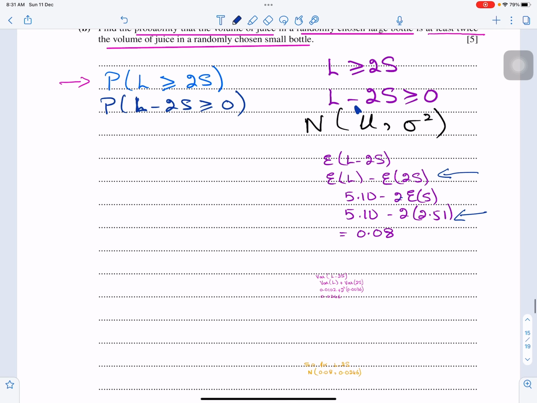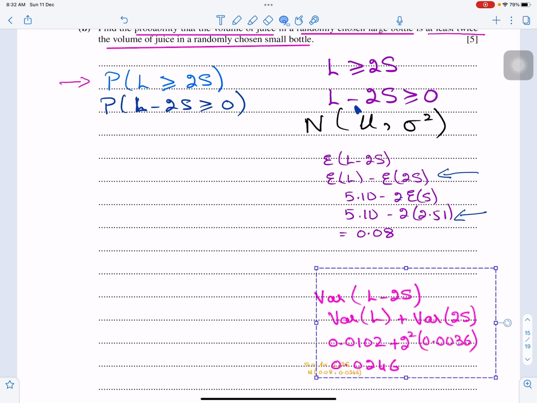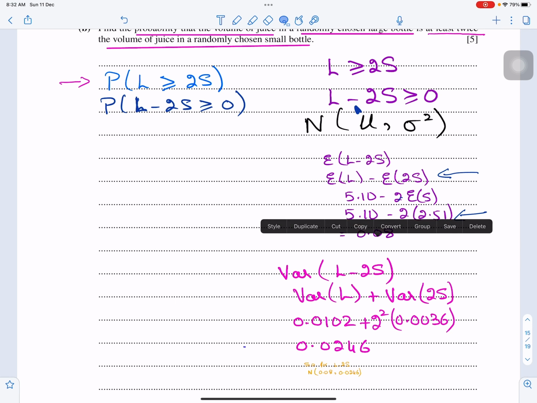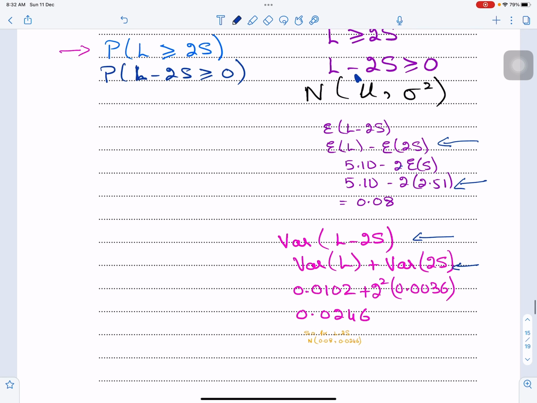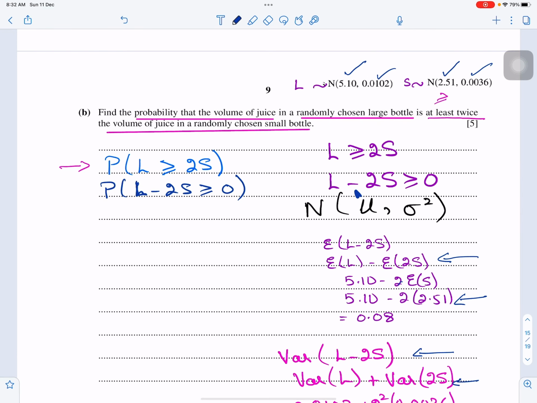Now I have to get my variance. The variance of L minus 2S, because this is my distribution for which I have to find the variance, is equal to the variance of L plus the variance of 2 times S. Now when it is a multiple case like here, we take 2 squared times the variance of S, and the variance of S was given here as 0.0036, which I have written here, and the variance of L is written here, which I have taken from here.